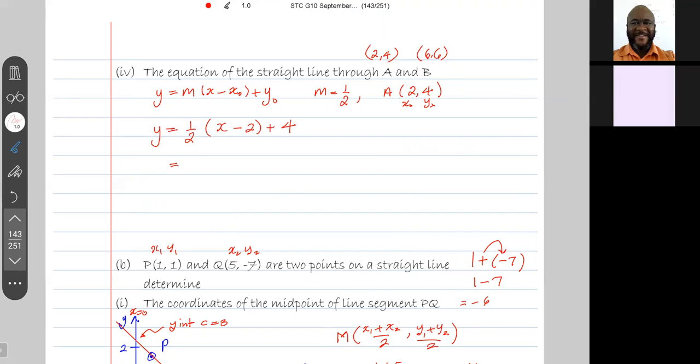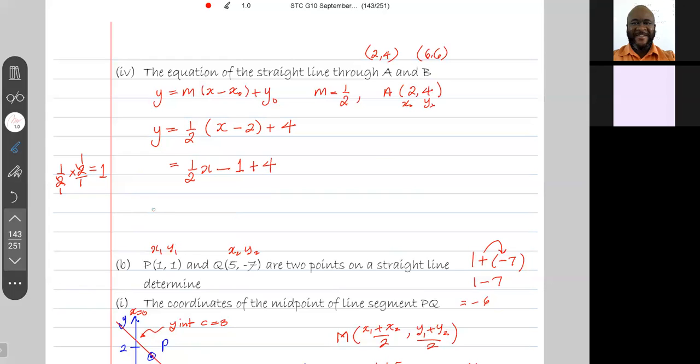Whatever is in the bracket is multiplied by what is immediately outside the bracket. A half times x is a half x, minus a half times 2. That's a half times 2, which is 1. So this is minus 1, plus at the end we have 4.